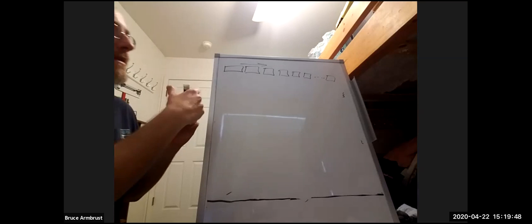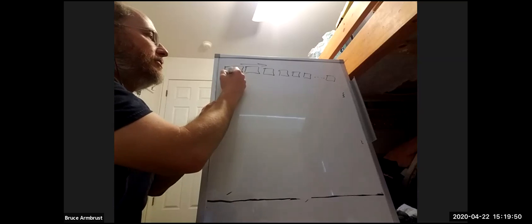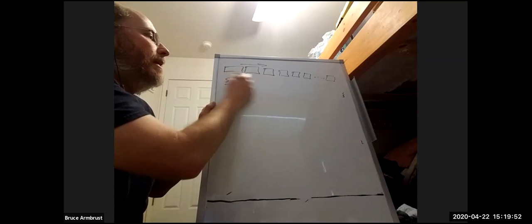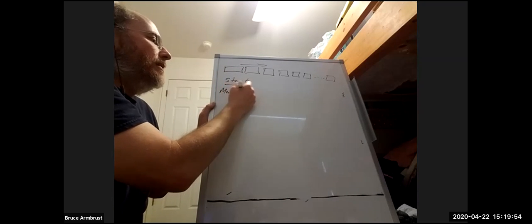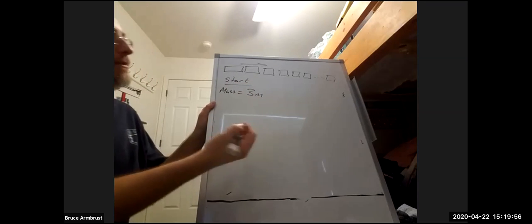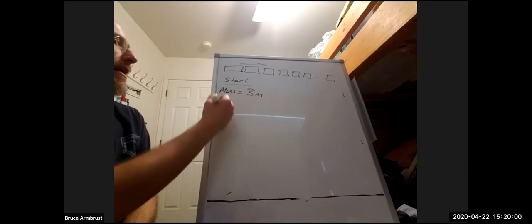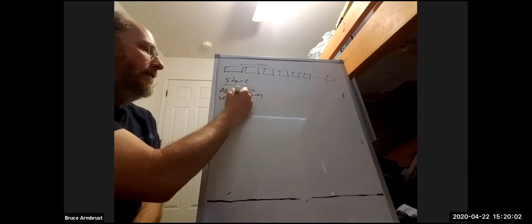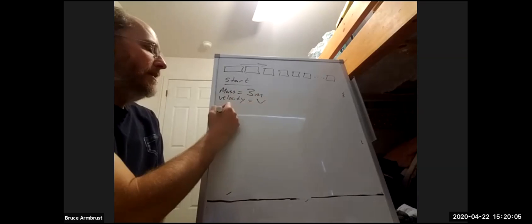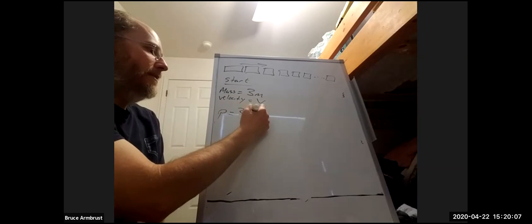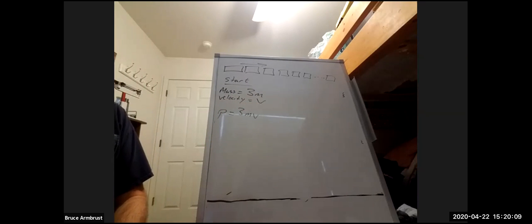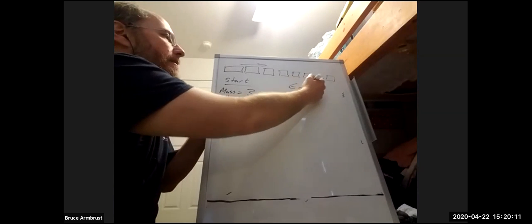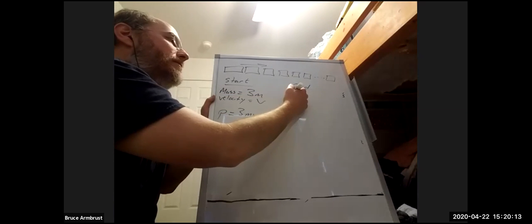Okay, so here's how I did this. At the start, my mass was 3m. I'm just going to say that each of the cars has a mass of m, and we've got a velocity of v. So that means my momentum is 3mv. At the end, we've added some cars.